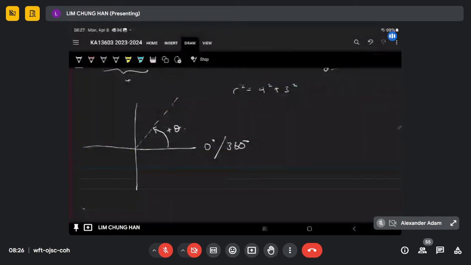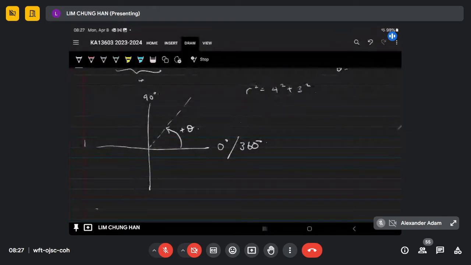Once you reach the first line, that is 90 degrees. If you keep going, then it's 180 degrees. If you keep going, then it's 270 degrees. Sometimes I don't use degrees; I do things in terms of pi. So this is 0 or 2 pi.